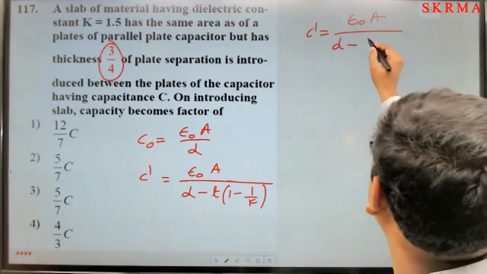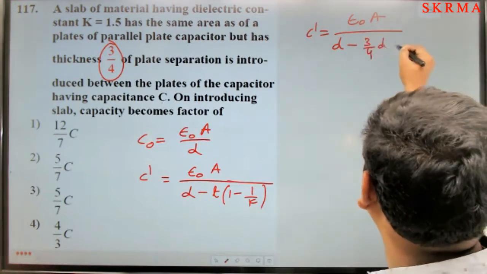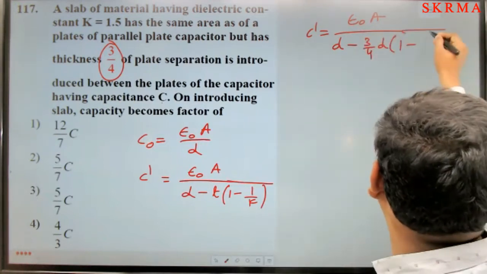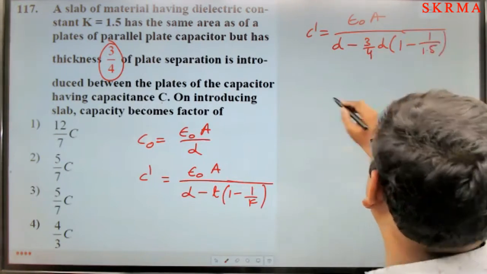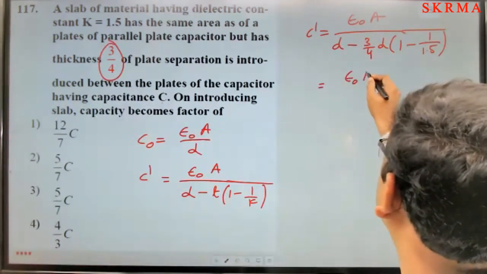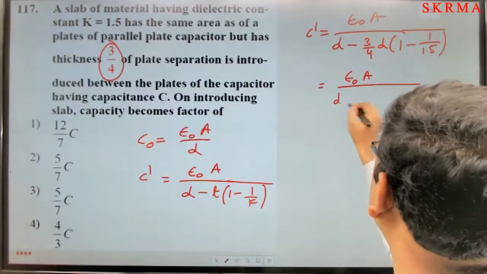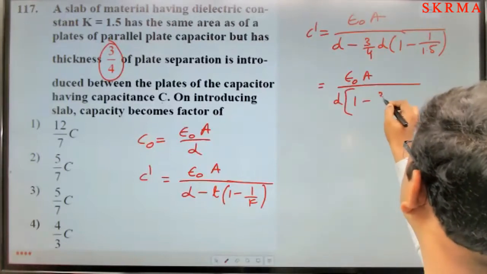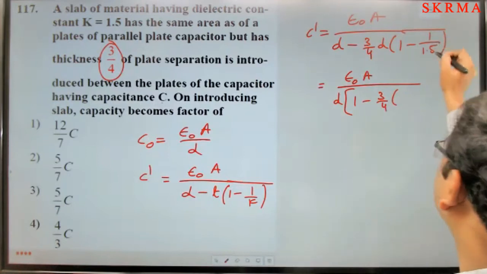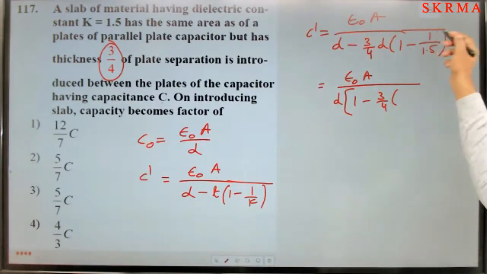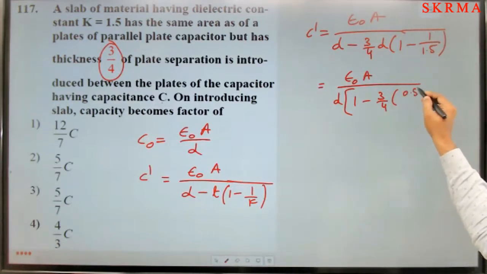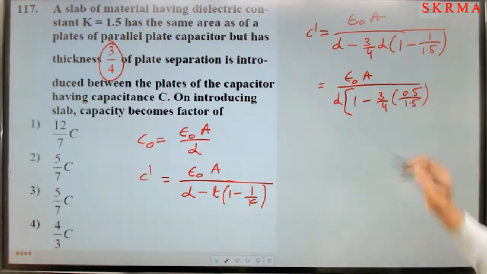That means 3 by 4 into d into 1 minus 1 by 1.5. Now solve this further. Epsilon naught A by, taking d as common, 1 minus 3 by 4 into 1 minus 1 by 1.5, or 0.5 by 1.5 if you take the LCM.